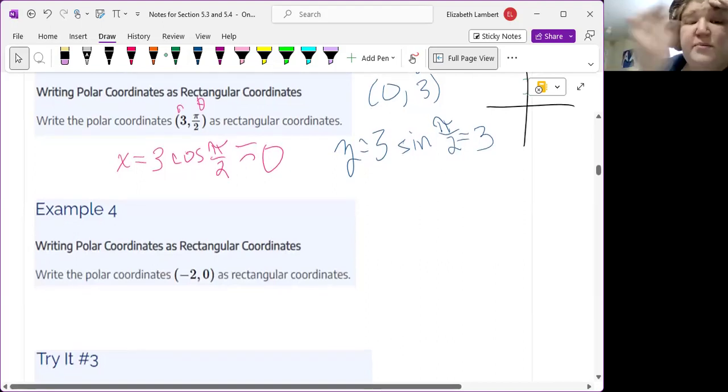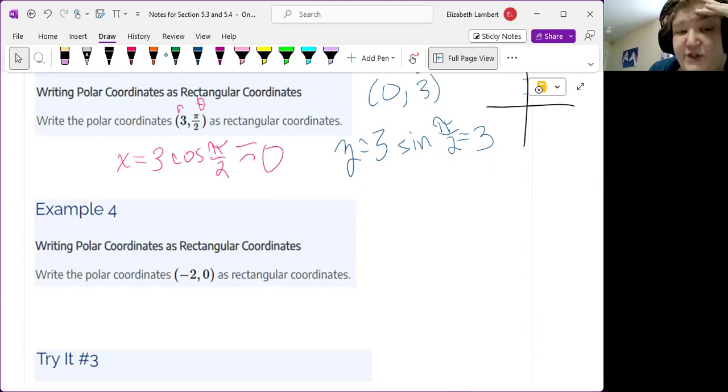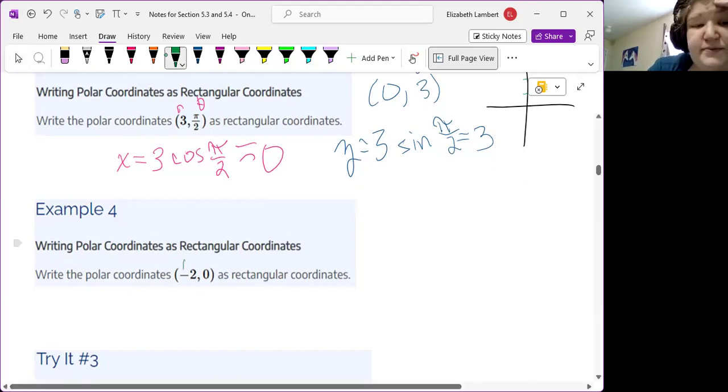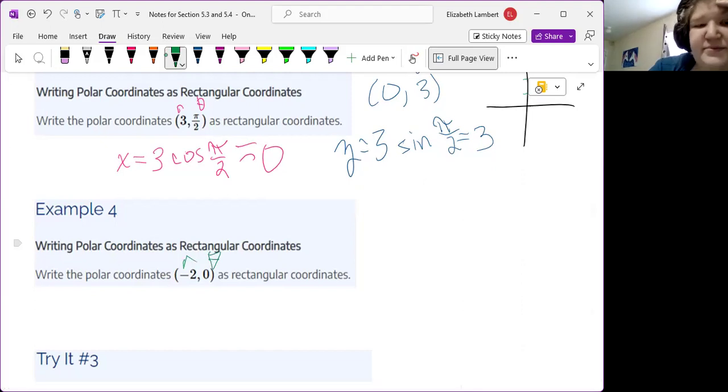Now we have another. Our polar point has -2 for the r and 0 for the theta. Okay, so again, x equals -2 cosine of 0.